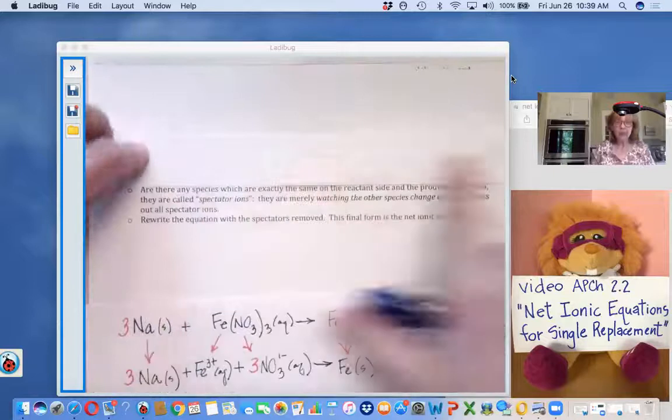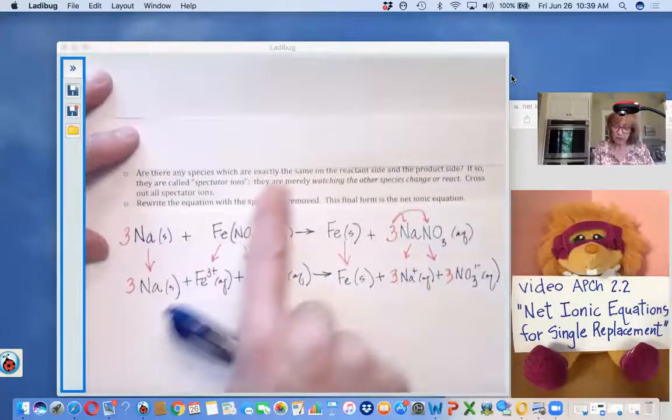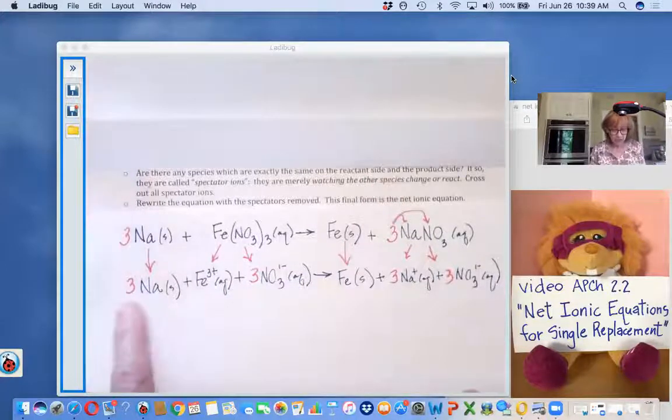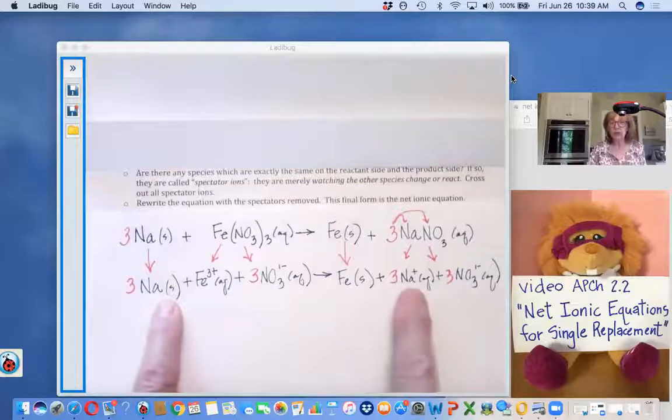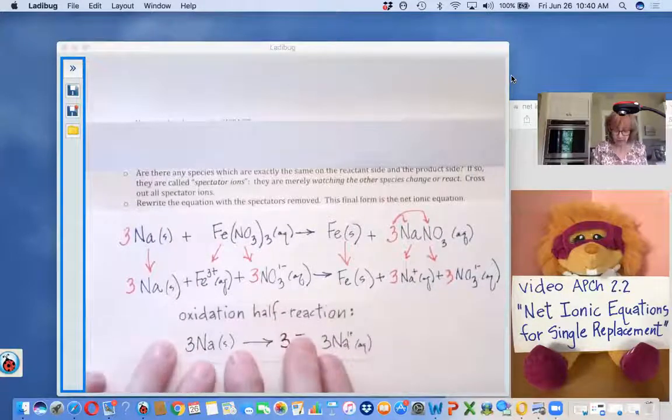The last piece of business is to look over carefully and find any species which are exactly the same on the reactant and product side. 3 sodium solid and 3 sodium ions aqueous, not the same. This is actually the oxidation process that's going on.